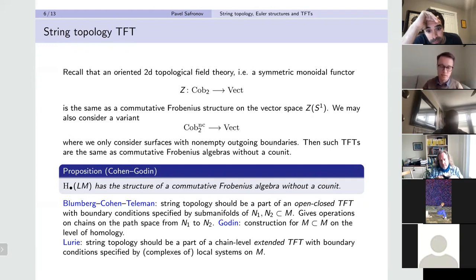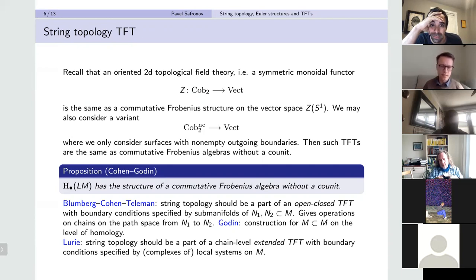So there's a single kind of boundary condition you can have. There's also an overview paper by Blumberg, Cohen, and Teleman that there's supposed to be a chain version of everything, and any submanifold should give you operations.